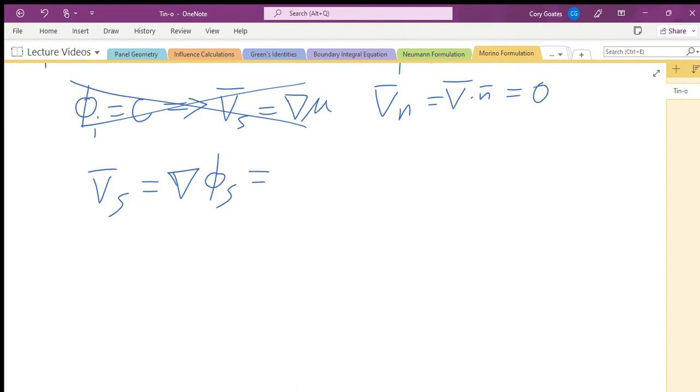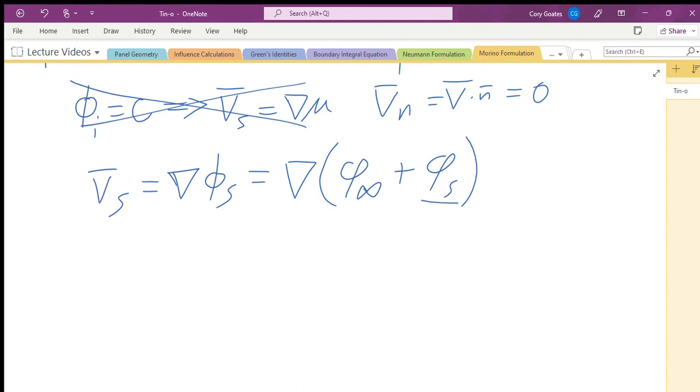And because of that, I can kind of ignore sources here, and say that on the surface of this configuration, our velocity is going to be equal to the gradient of the free stream potential plus the perturbation potential on the surface. Well, the perturbation potential on the inside we've said is 0. That's the condition we wanted to enforce. And then the jump going from the inside to the outside is equal to our doublet strength. So on the surface it is again just equal to the doublet strength.